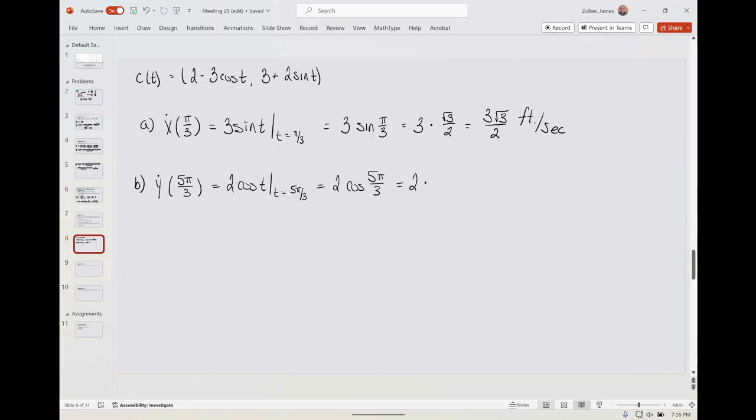Pi over 3 is the reference angle for 5 pi over 3. So that means cosine of 5 pi over 3 is 1/2, the positive of cosine pi over 3. All right, that's the easiest way to do the trig functions. So we get 1 foot per second.